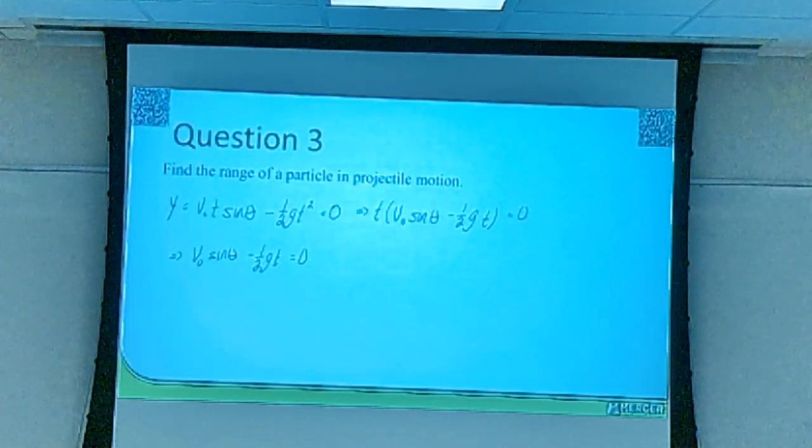But if t equals 0, that's just the launch time. That's the starting time, so we don't care about it. So that's the one we want.